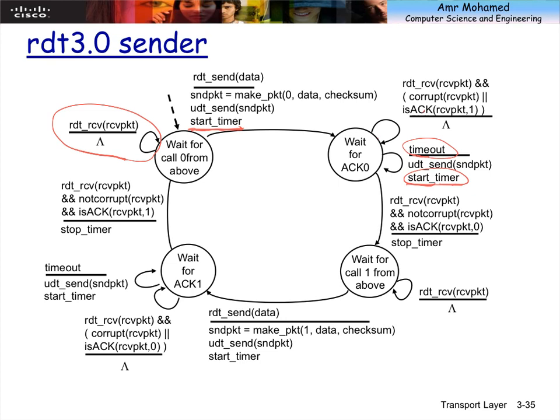So now I'm waiting for the acknowledgement. But why this timeout, and how is it linked to this one? I am not understanding, sir. Well, we wait for acknowledgement 0. How long do I wait? I cannot wait forever.